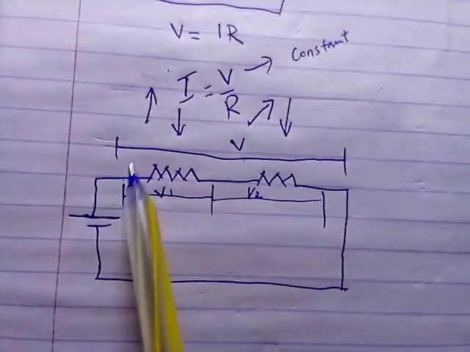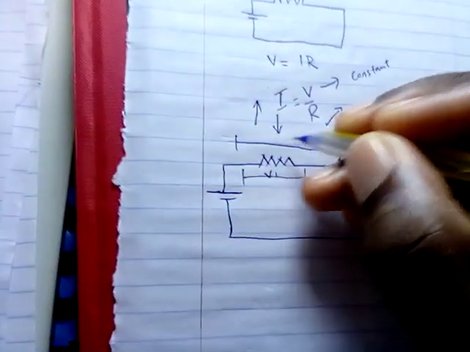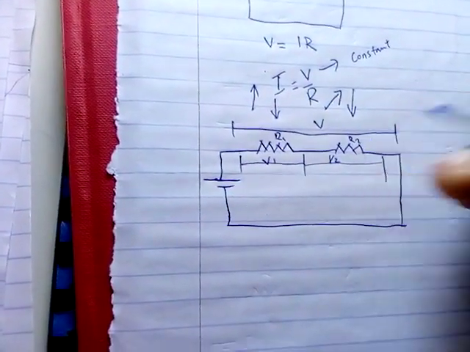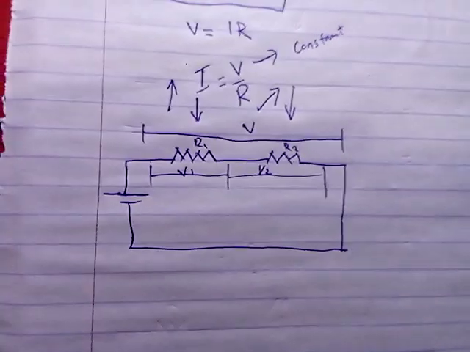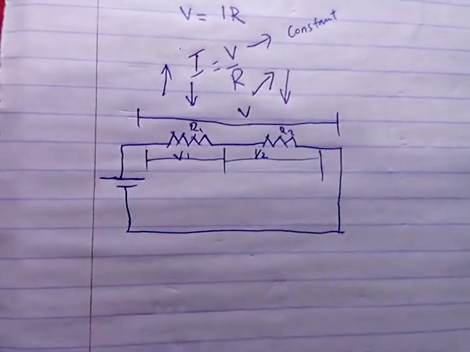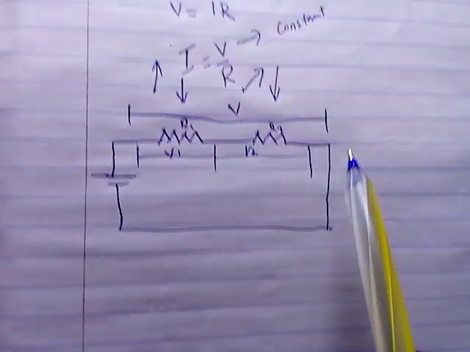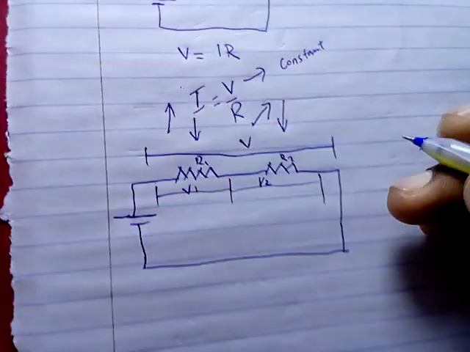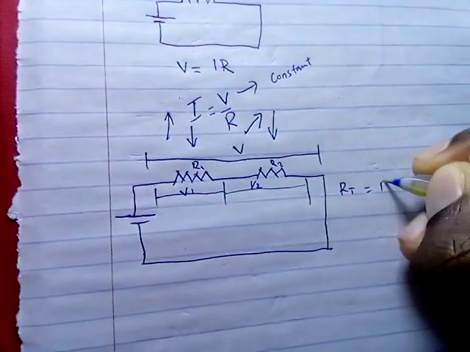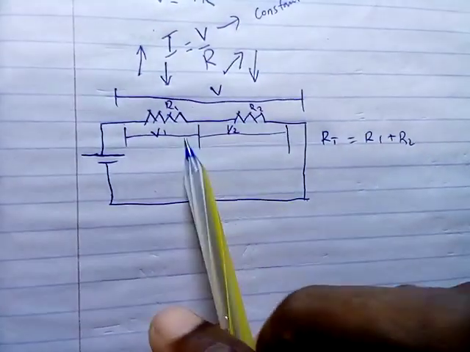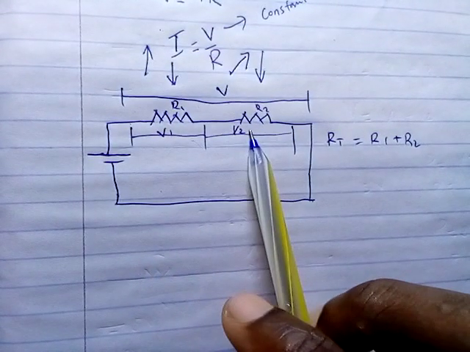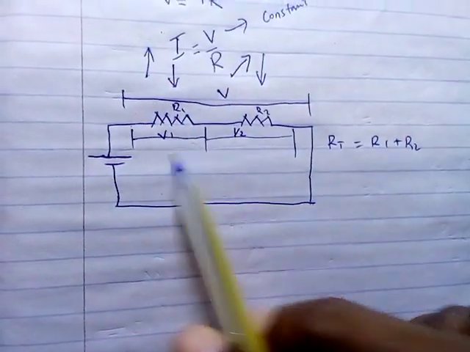Now if we connect two resistors in series like this, R1, R2, the total resistance is equal to resistor 1 plus resistor 2. Also, the supply voltage divides across each resistor.